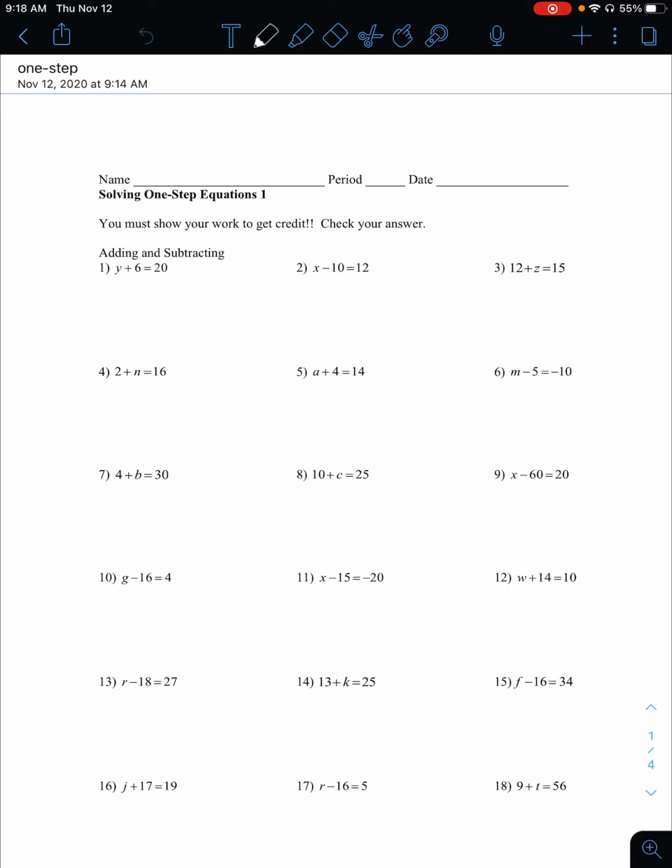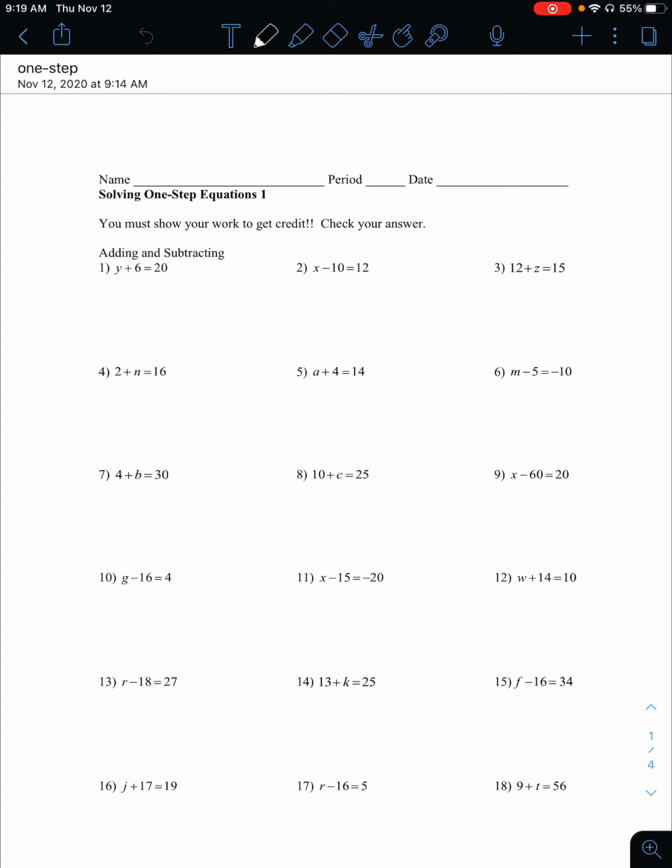So, we are going to be doing some more work and practice in solving one-step equations, and we are going to work more in practicing solving them by addition and subtraction. If we remember, we learned those two really long, funny properties, the addition property of equality and the subtraction property of equality.